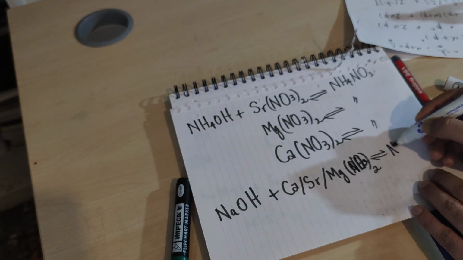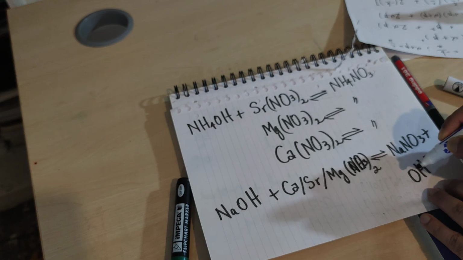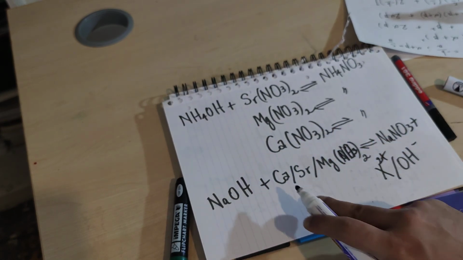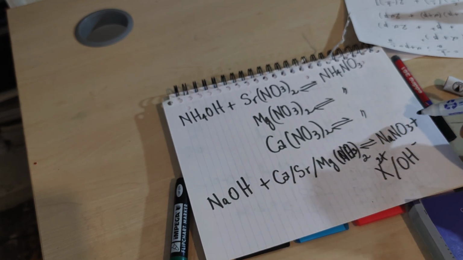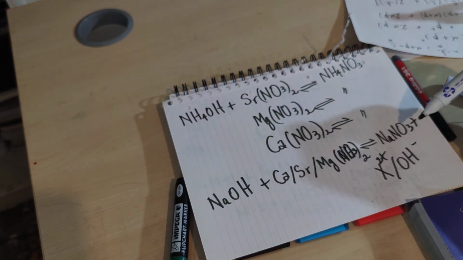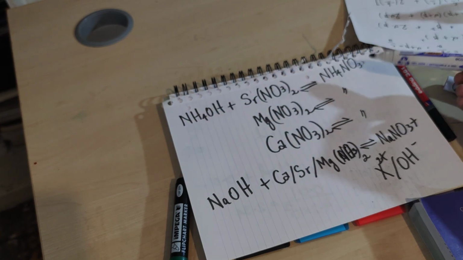You'll get NaNO3, and then you'll get the OH complex with the X2 positive. So X2 positive bivalent: calcium hydroxide, strontium hydroxide, magnesium hydroxide, and then NaNO3 doesn't have a color. It's like a colorless liquid. It's highly soluble, so it has a very high solubilization. But ammonium nitrate doesn't have a high solubility. It forms an orange precipitate.